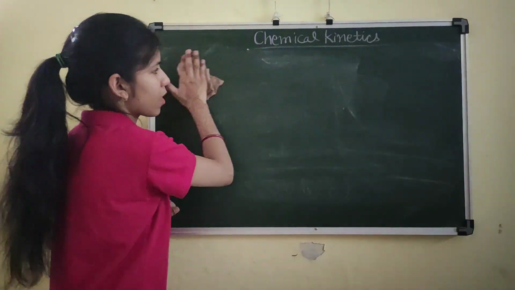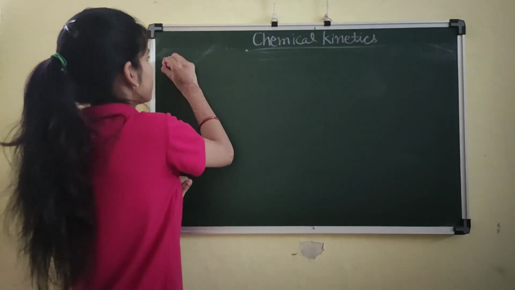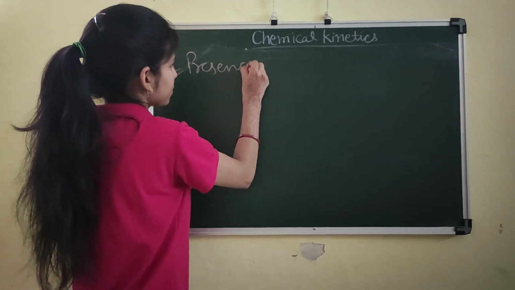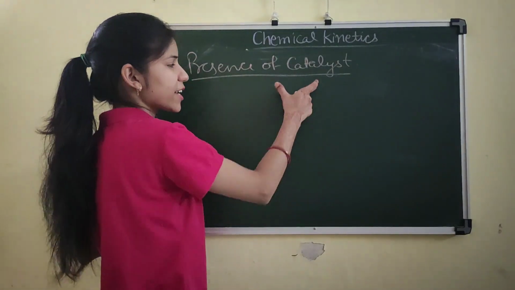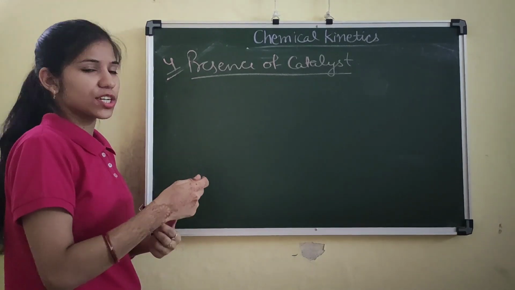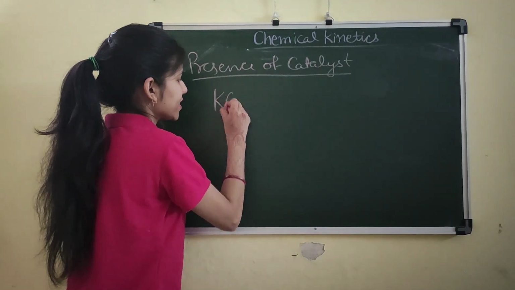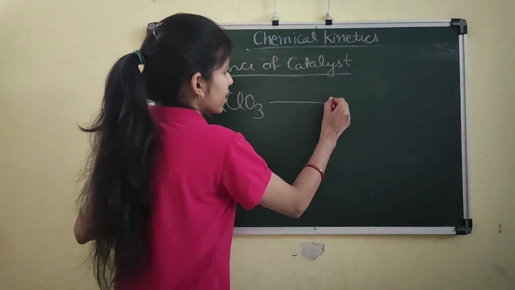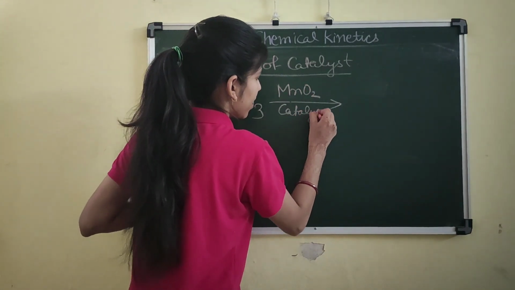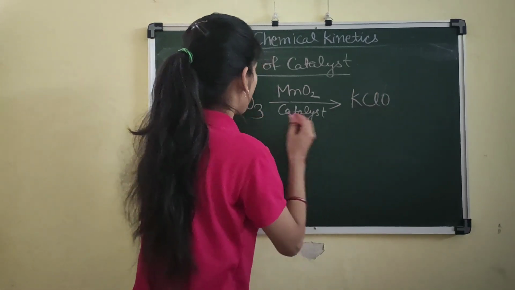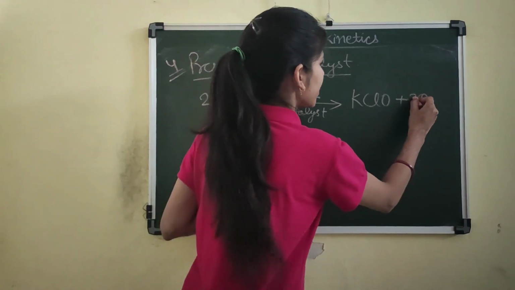And the next factor is the presence of a catalyst. A catalyst increases the rate of reaction and does not participate in the reaction, and at the end of the reaction it remains the same as it was given. For example, KClO3 with manganese oxide acting as a catalyst forms 2KCl plus 3O2.